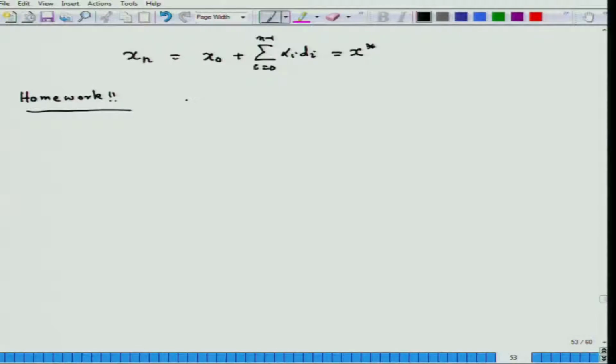So, consider the same problem in the above result.